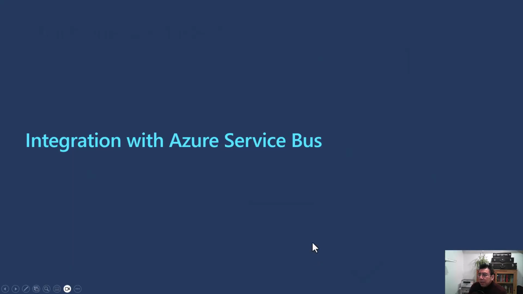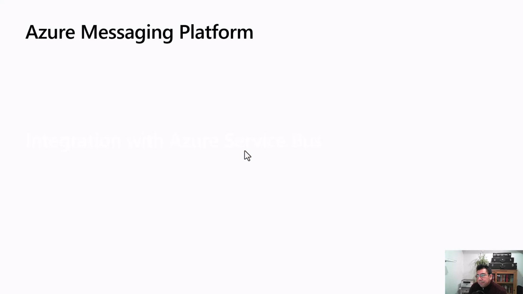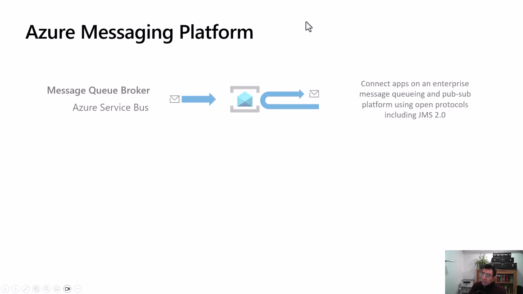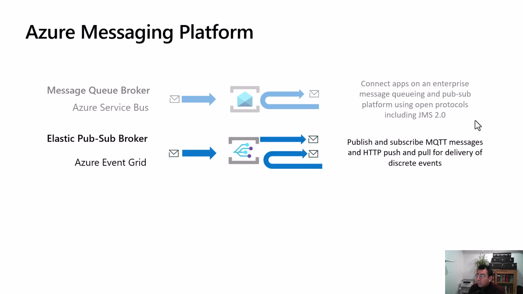Now, let's talk a little bit about the integration with Azure Service Bus. We have discussed IBM MQ, right? So now let's talk about our messaging platform, the Azure messaging platform. We have a message queue broker, Azure Service Bus, that connects apps on an enterprise message queue in a pub/sub platform using open protocols, including JMS 2.0.